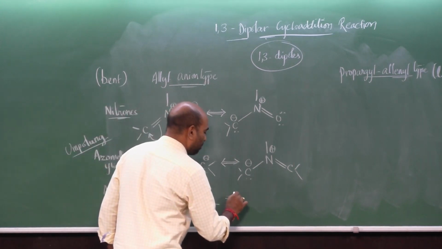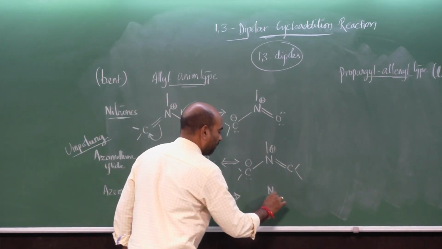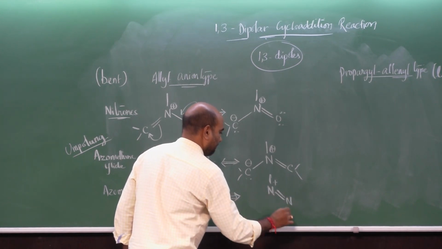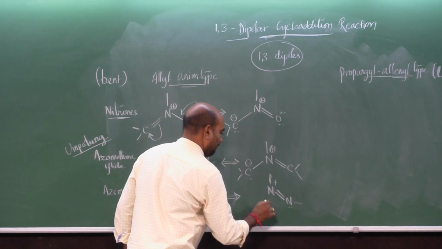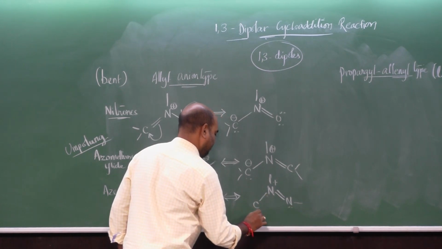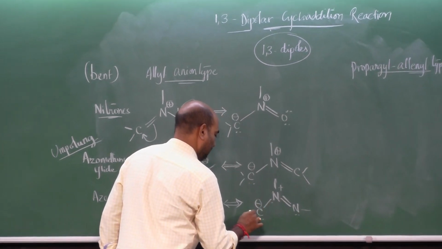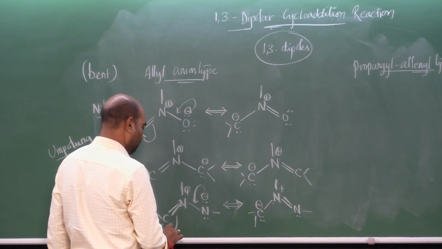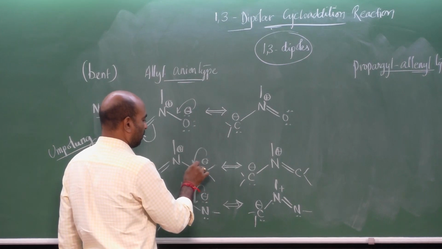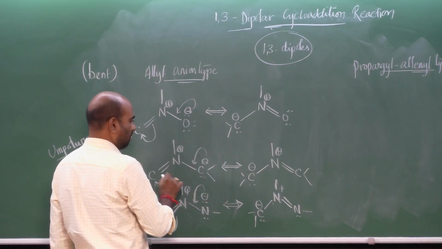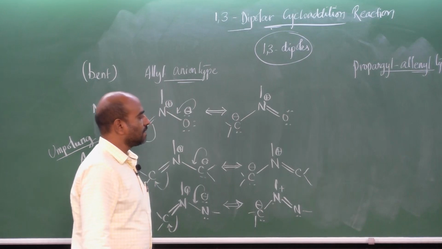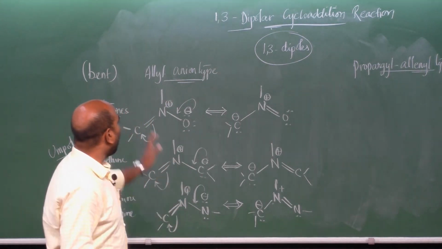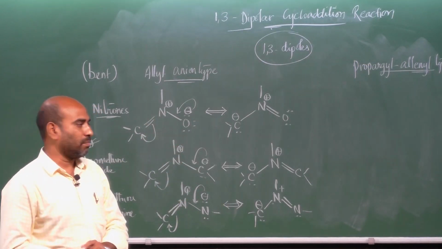And again it shows the resonating structure, like this. Whenever this moves here, this goes here. So here also this moves here, this goes here, right. So these are some of the examples of allyl anion type 1,3 dipoles.